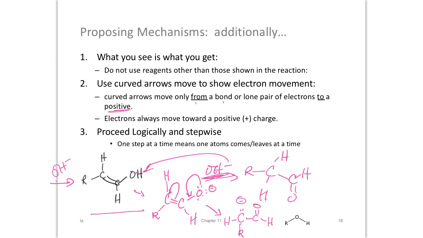And then back here, when I took this proton, I formed water. So I have water present. And so that's where this anion can take the water, and we form the final product. So we moved atoms around, and what we did depended on the conditions before that enol was even formed.